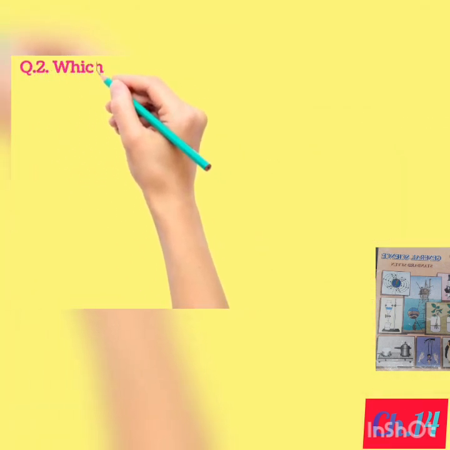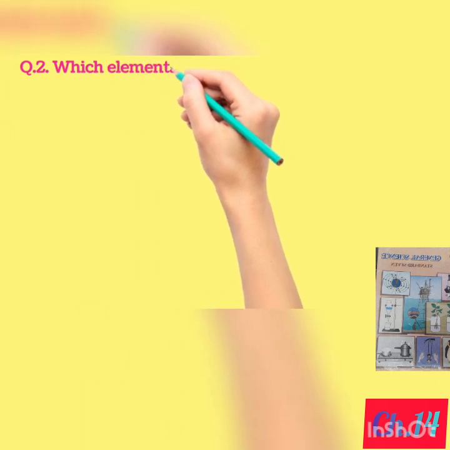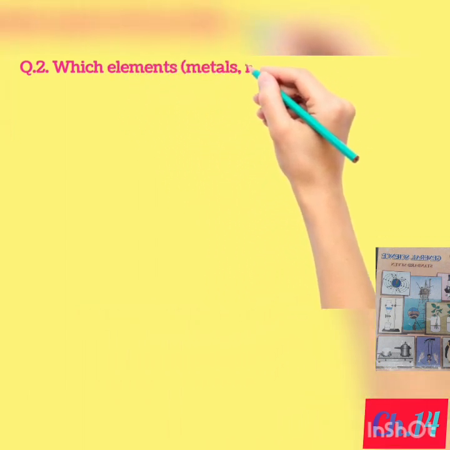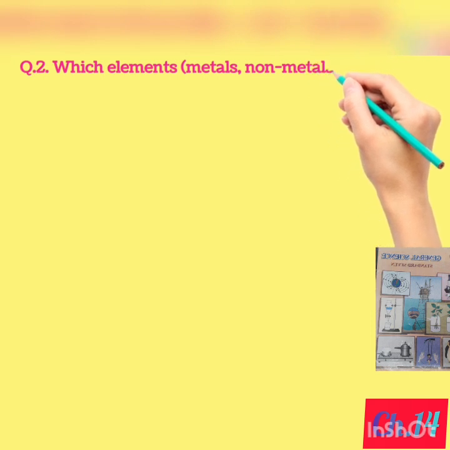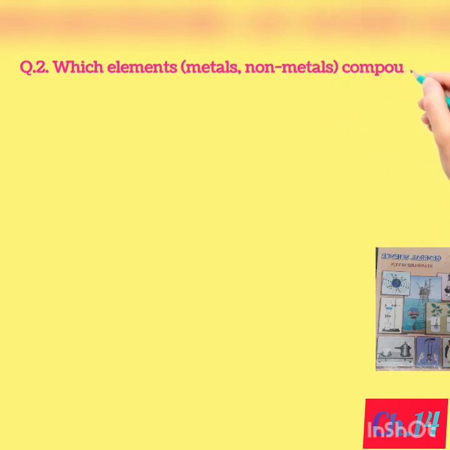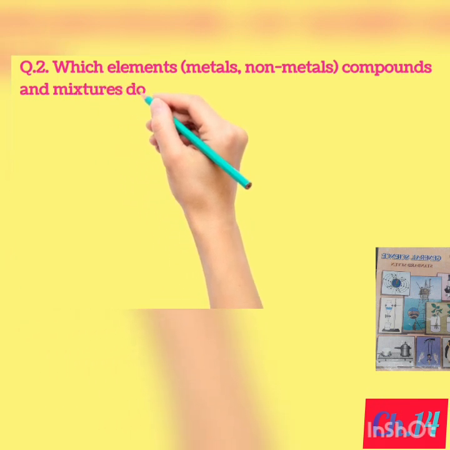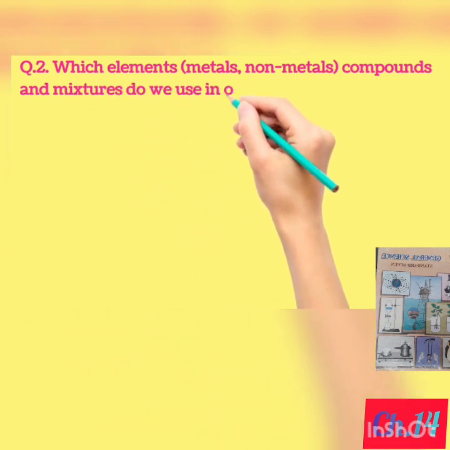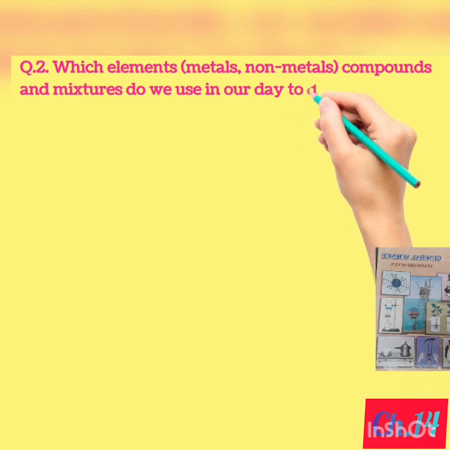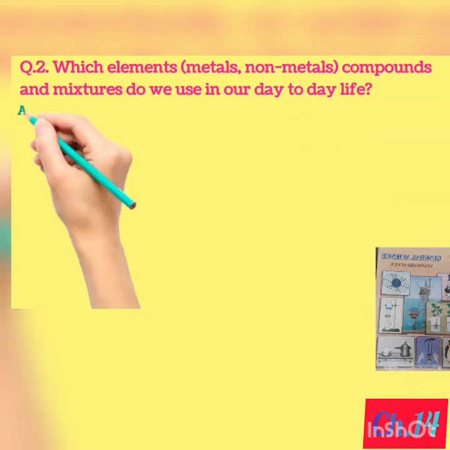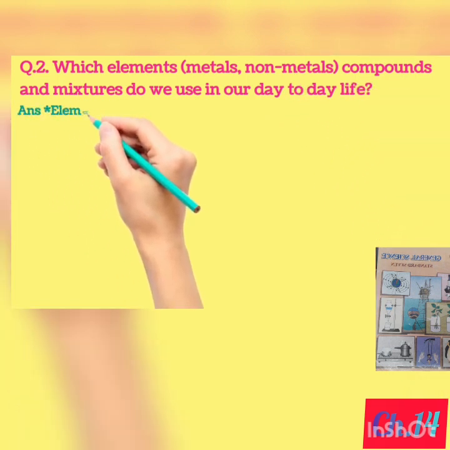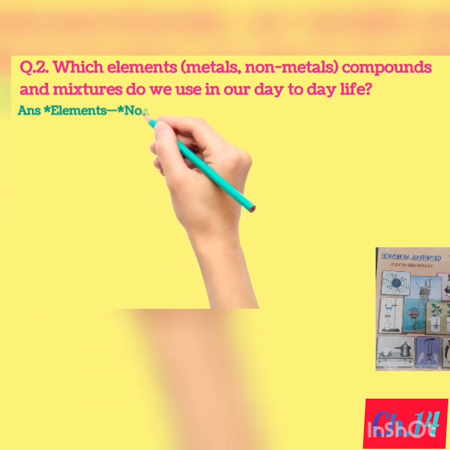Question number 2. Which elements, metals, non-metals, compounds, and mixtures do we use in our day-to-day life? That we have to write. Answer. We will see some elements in that.